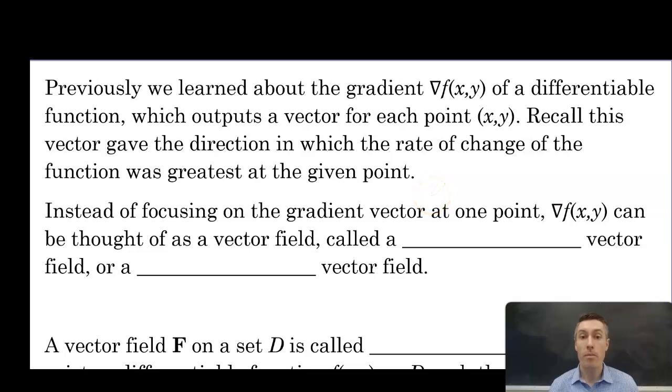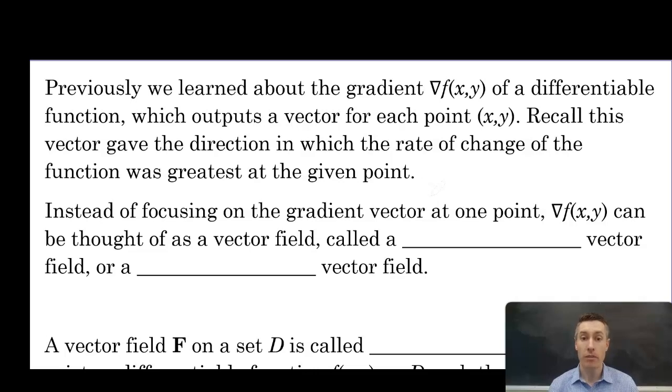So we were very much focused on the gradient vector at a single point, whether it was to calculate the directional derivative at that point in a certain direction, or if we wanted to know what the maximum or minimum rate of change of the function was at that particular point, we used the gradient vector.